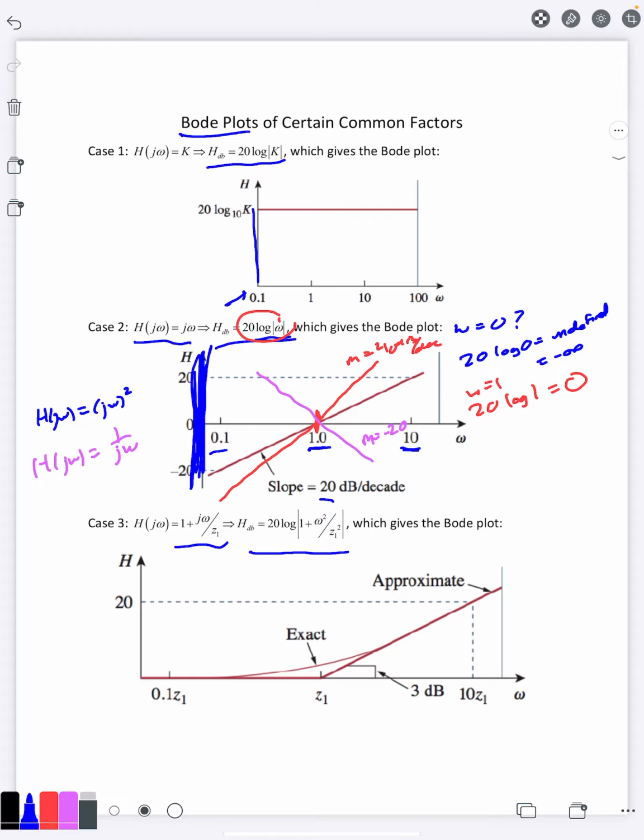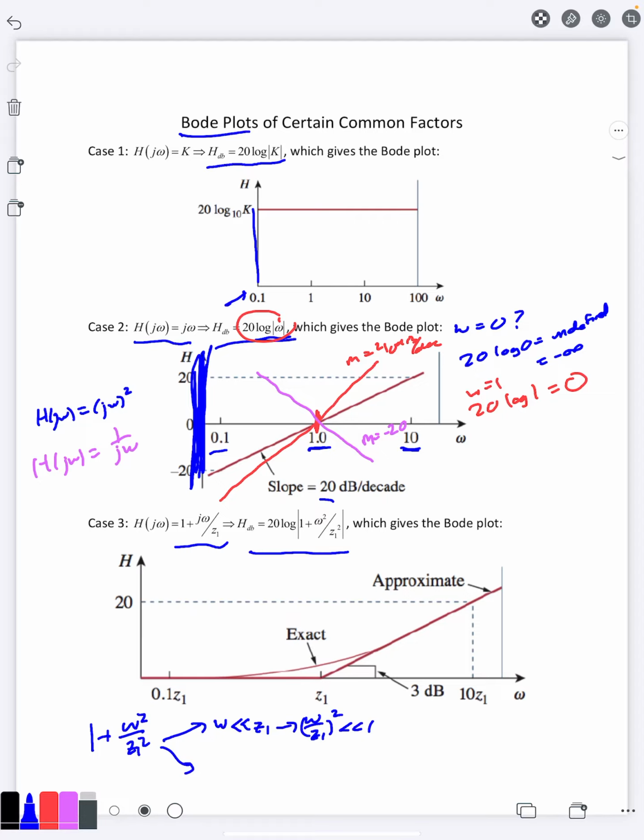So let's take a look at this term here, 1 plus omega squared over z1 squared. Well, there's going to be two possibilities that we're going to look at. If your omega is much smaller than z1, and we're going to use this special notation of a double less than sign, then omega over z1 squared is going to be much less than 1, essentially 0.